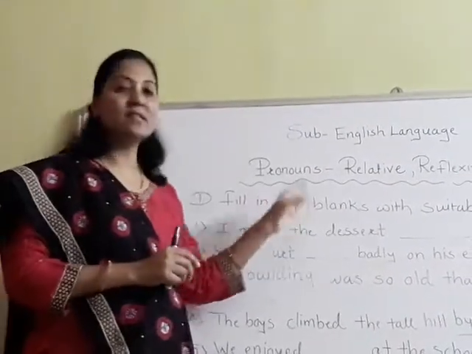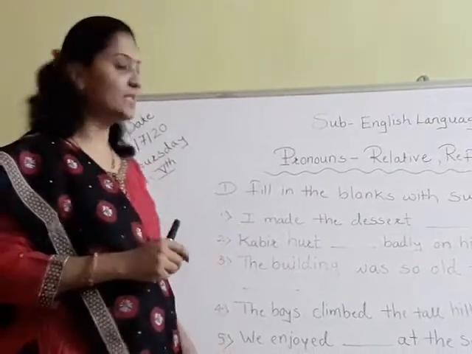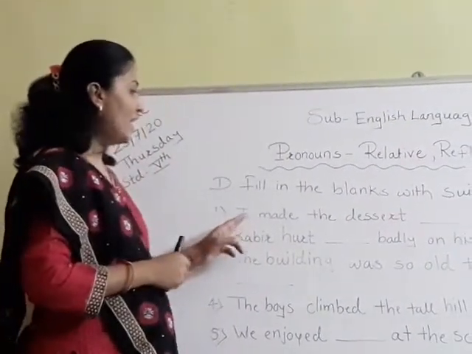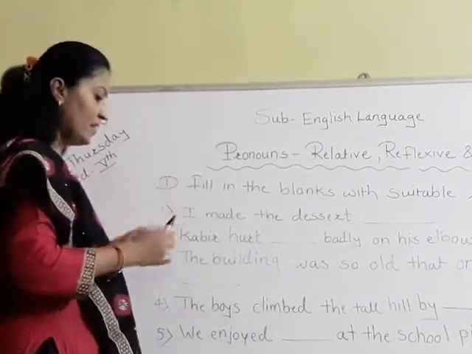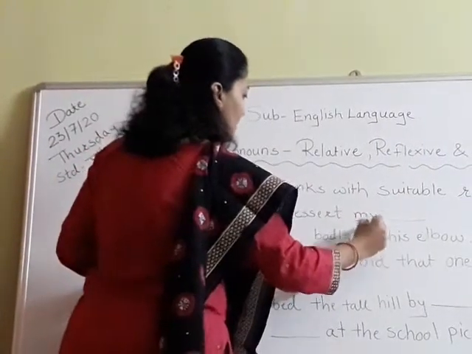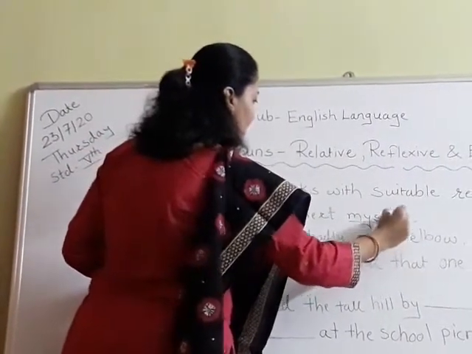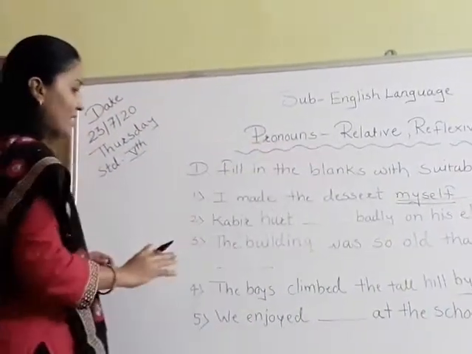So there is a difference in both the spellings that you have to understand. So, I made the dessert. I have already told you that for I we are using myself. So that is the answer: I made the dessert myself.